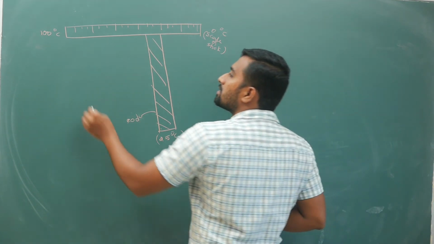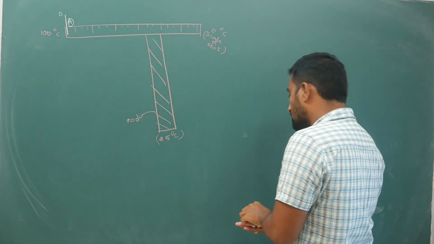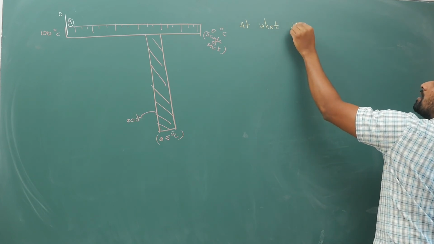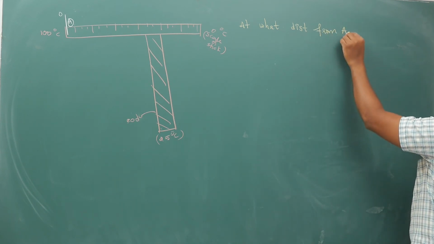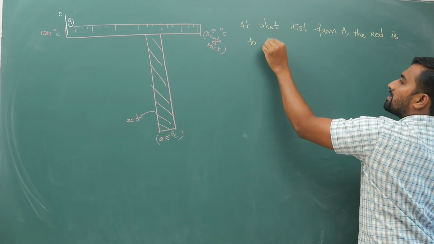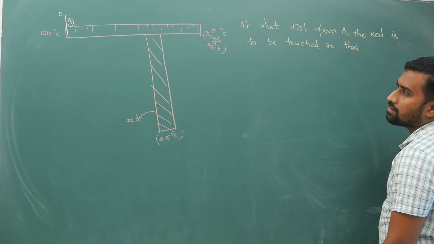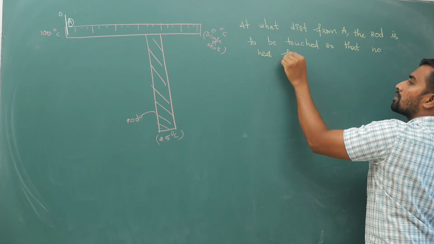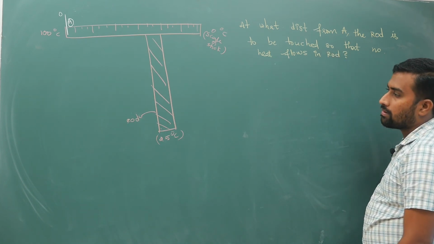Let us say this is your 0, and let us say this is point A. Your question is, at what distance from A should the rod be touched so that no heat flows in the rod? This is your question. Okay, right?